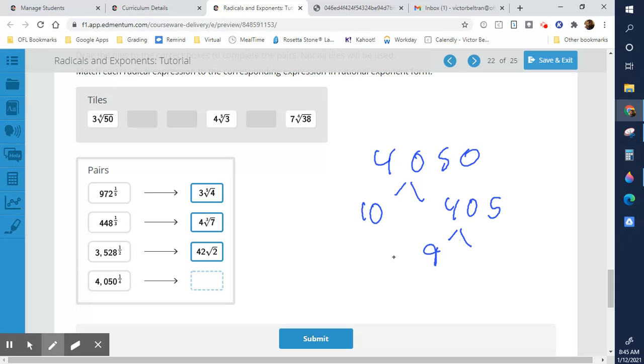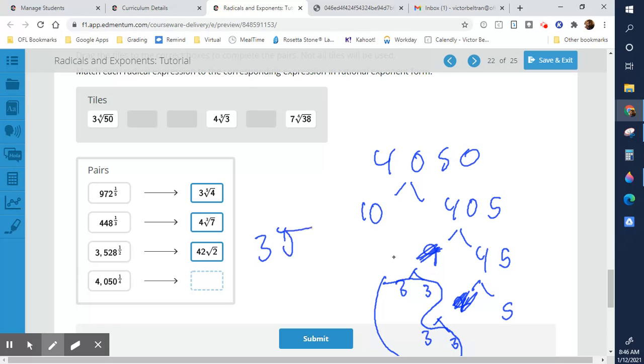All right, and we're doing the 4th root, so this is 3 and 3, 3 and 3, cross that out, cross that out. Again, we can break up the 10, but it doesn't benefit us. We have 4 3's, so 3 goes here, and the 4th root of 10 times 5 goes inside, so we get 3 to the 4th root of 50. And that's how we get that right there.